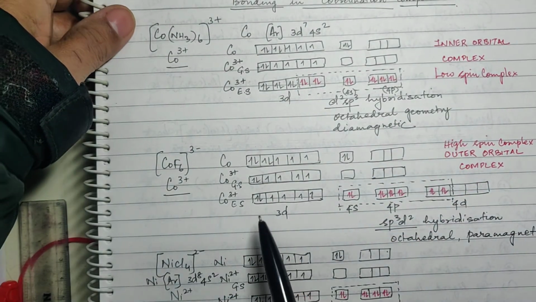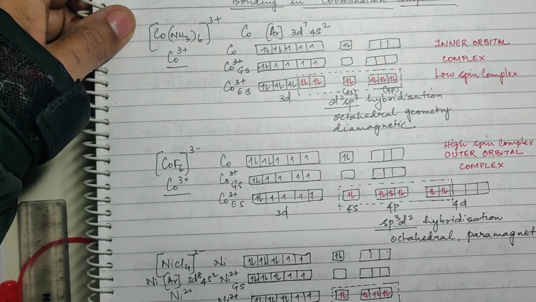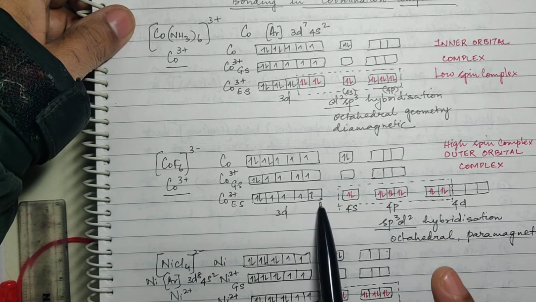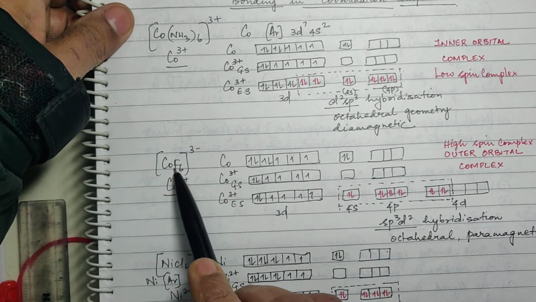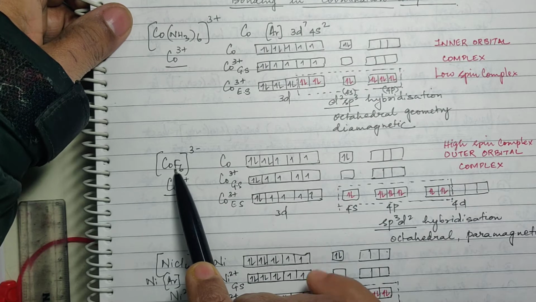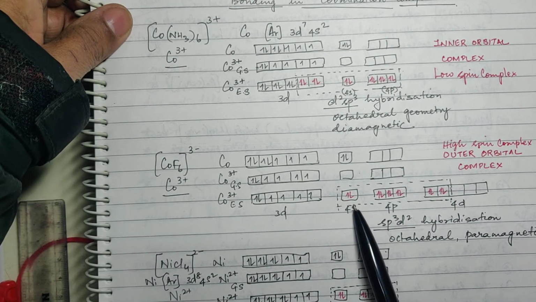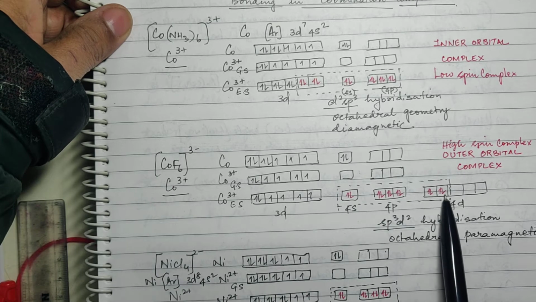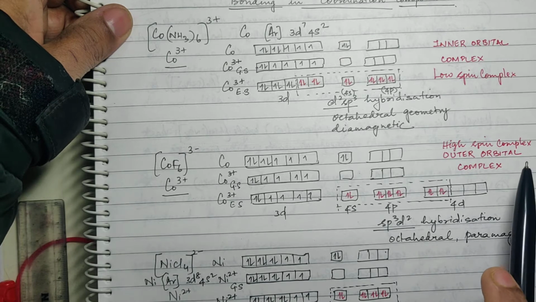But now in this case, these electrons are not getting paired among themselves. If they are not getting paired, that means 3d is not vacant. Then how will the pair of electrons of fluorine get accommodated? It will get accommodated by taking up 4s, 4p and 2 orbitals from 4d. This is an outer orbital complex, right?